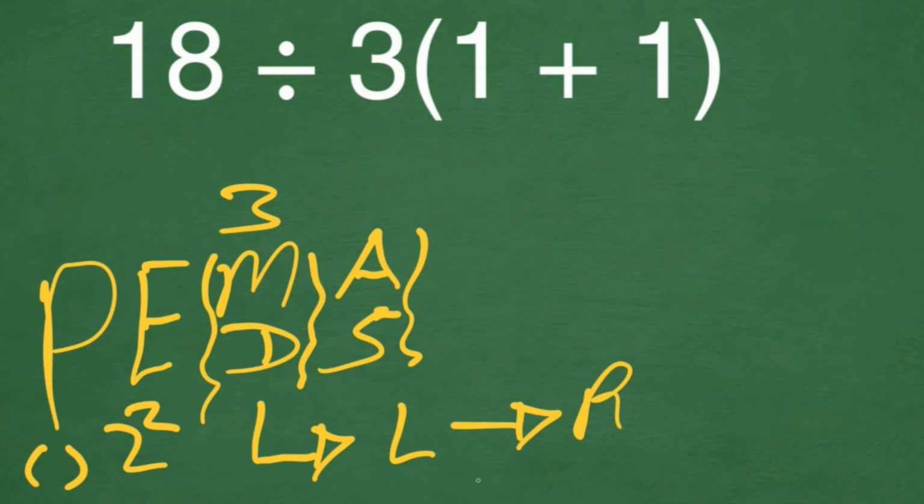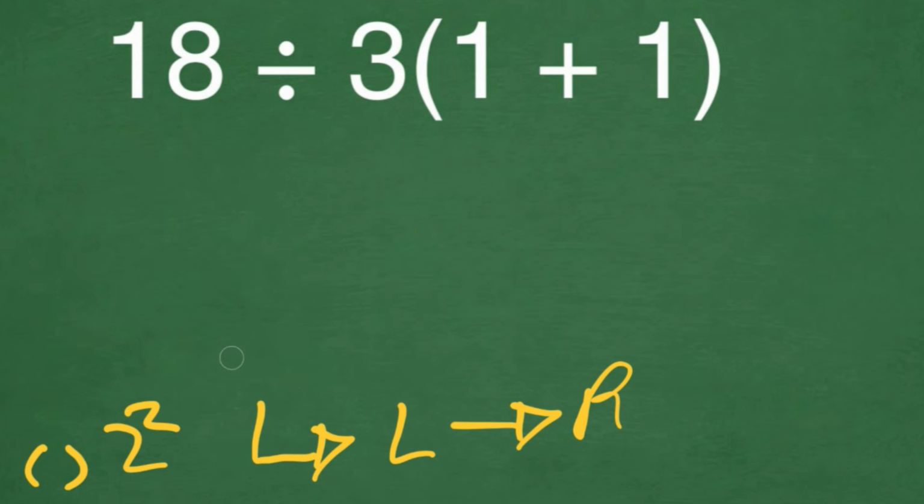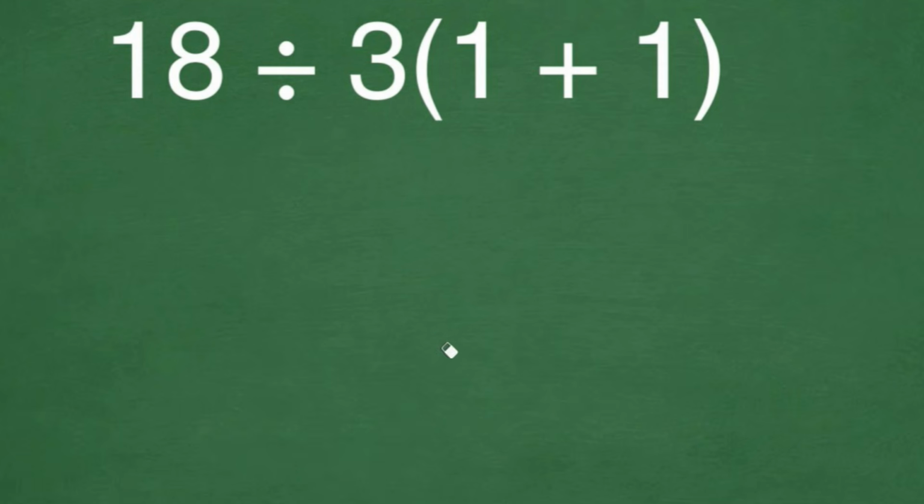If division comes before multiplication, we have to solve division, and if multiplication comes before division, we have to solve multiplication. So that is the rule we need to understand in order to solve a mathematical equation like this correctly.